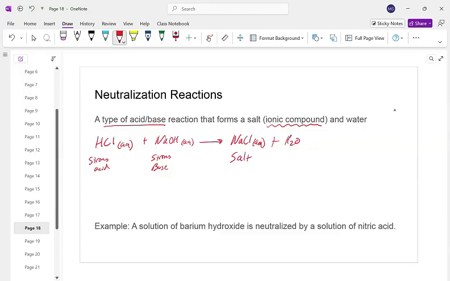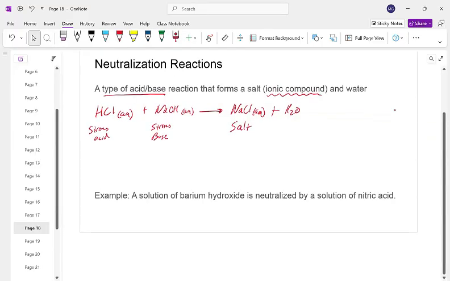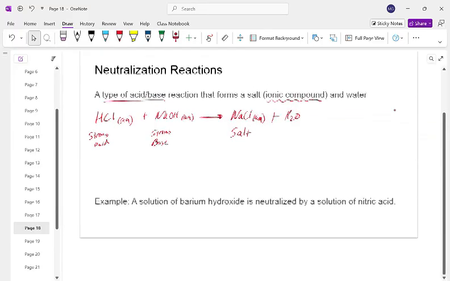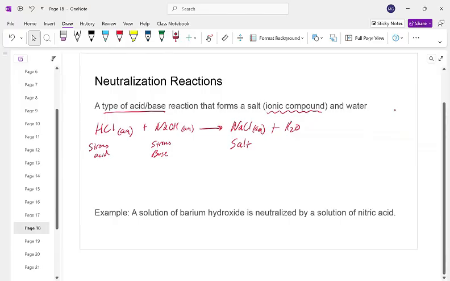That's the word I was looking for. Like sodium chloride. I mean, obviously, if you put a little too much salt in your diet, that's not good. But, and water. So that's interesting to see with these neutralization reactions. And let's take a closer look at the net ionic equation for this.